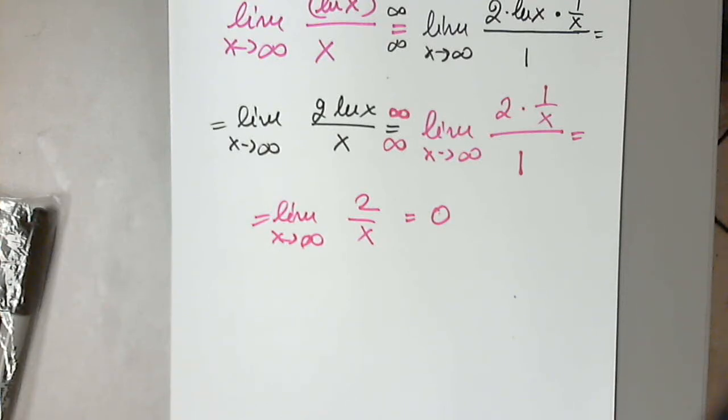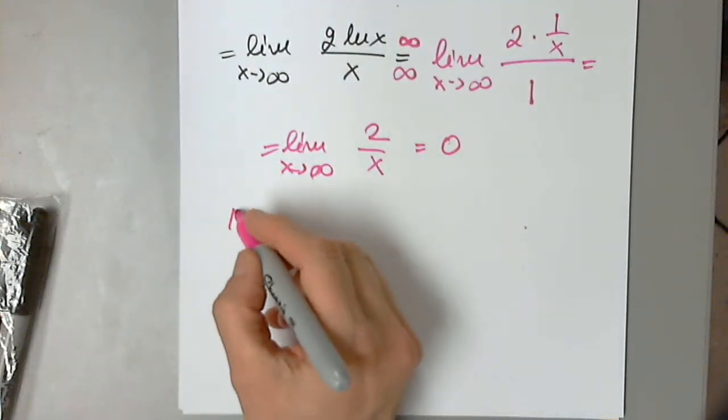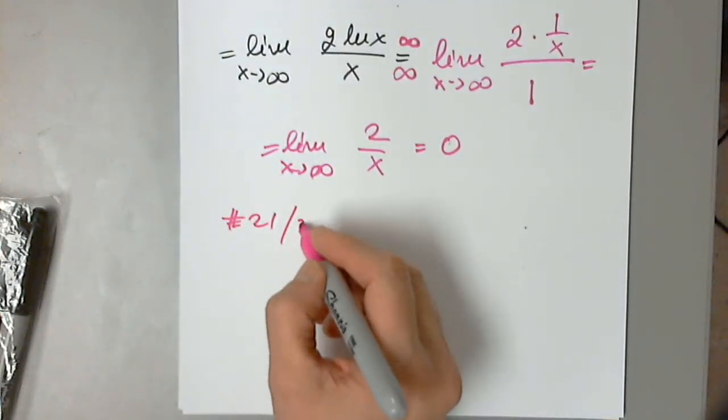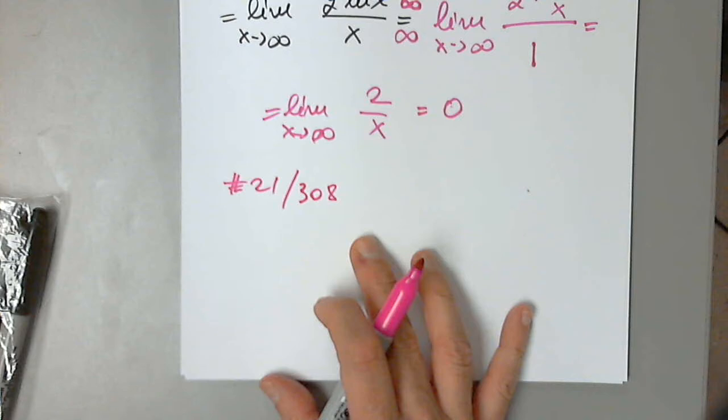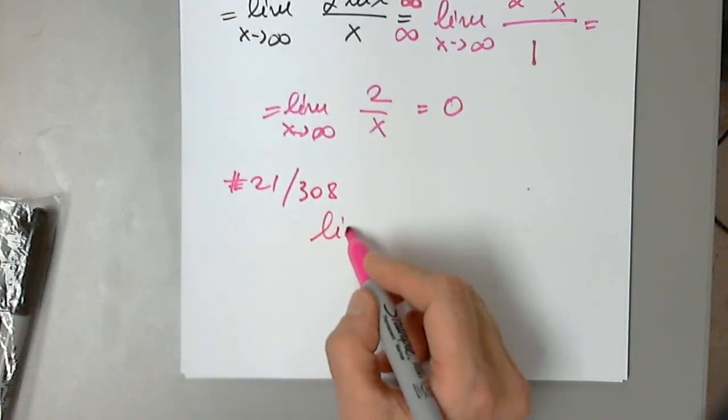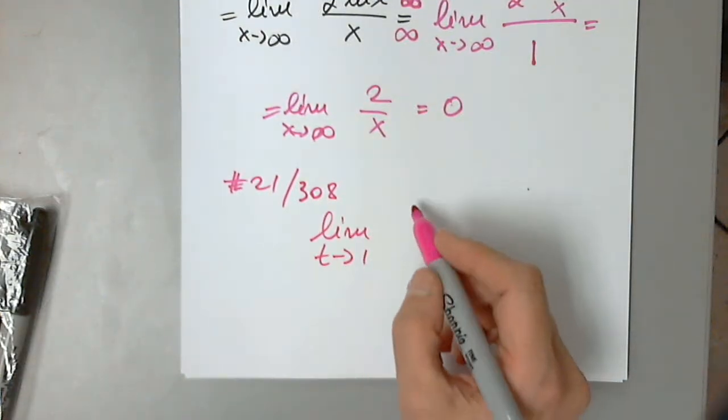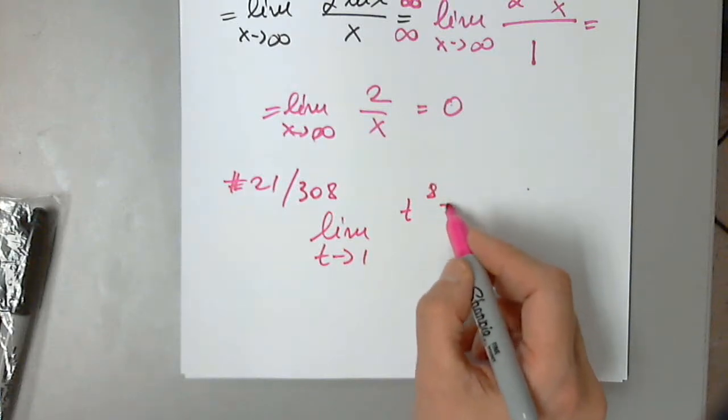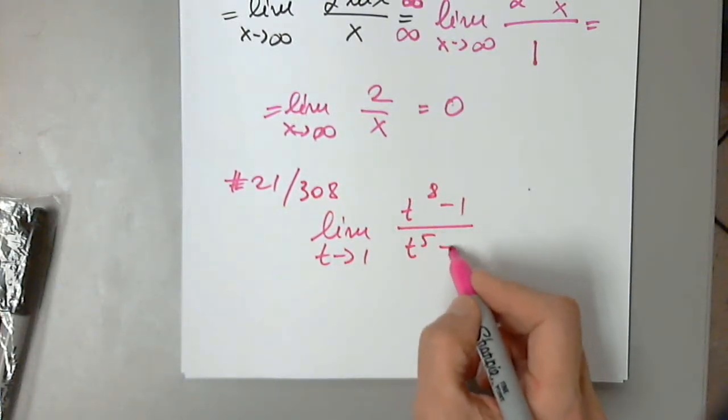Uh, 21, something that we struggled with a long time ago. 21 on 308. Limit as t approaches 1 from t to the 8th minus 1 over t to the 5th minus 1.